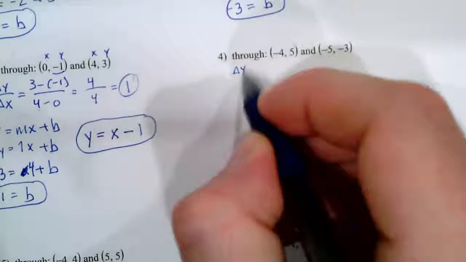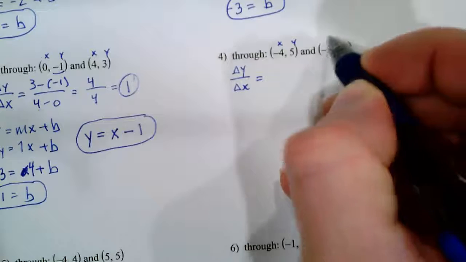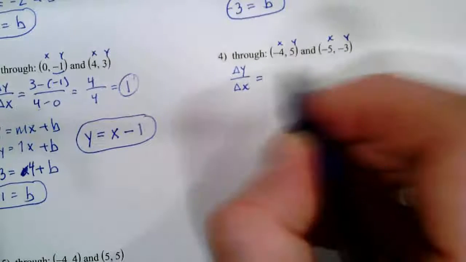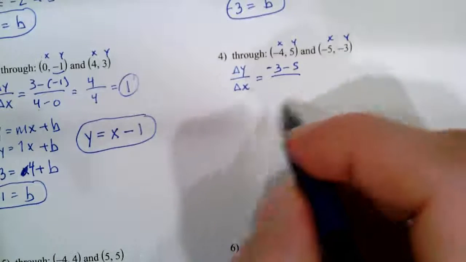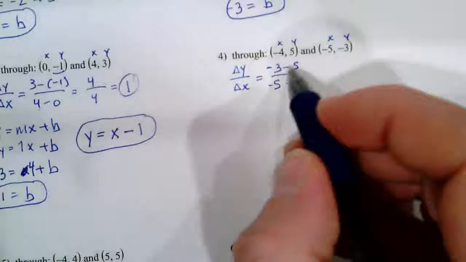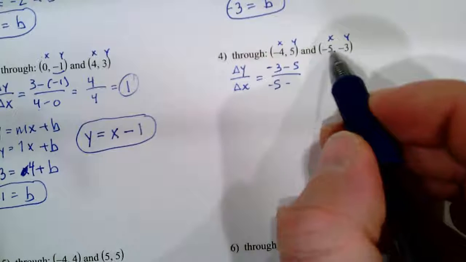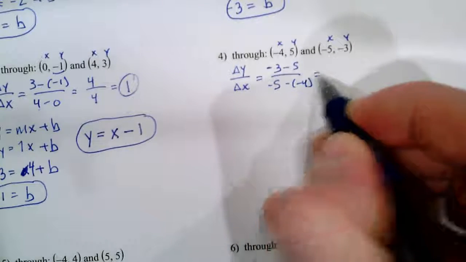First of all, we're going to find our slope, change in y over change in x. Our change in y is our ending y, it's negative 3, minus our beginning y, which is 5. Our change in x is negative 5, minus our ending x minus our beginning x, which is negative 4.